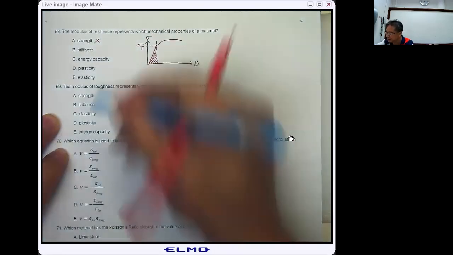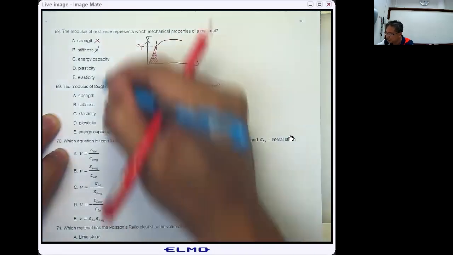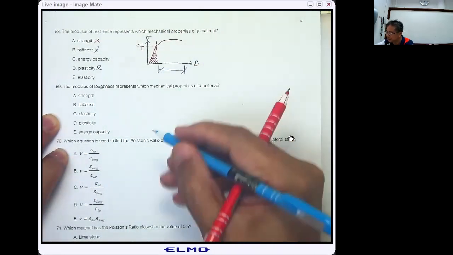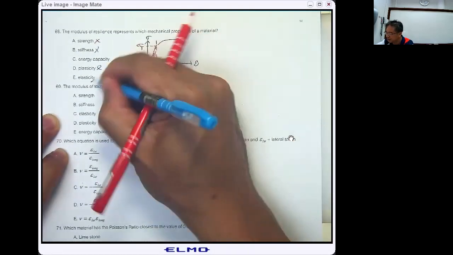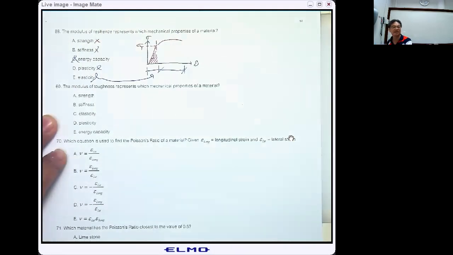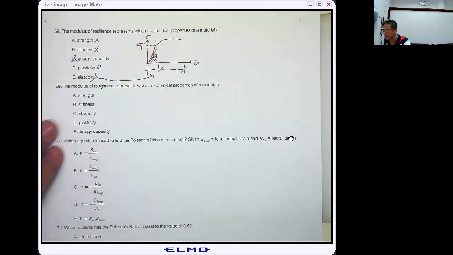It is not the stiffness because the stiffness is going to be the slope here. It is not the plasticity. It's going to show this is the plasticity. It is not the elasticity. The elasticity is here. So it's going to be the energy capacity of the material during its linear elastic behavior.